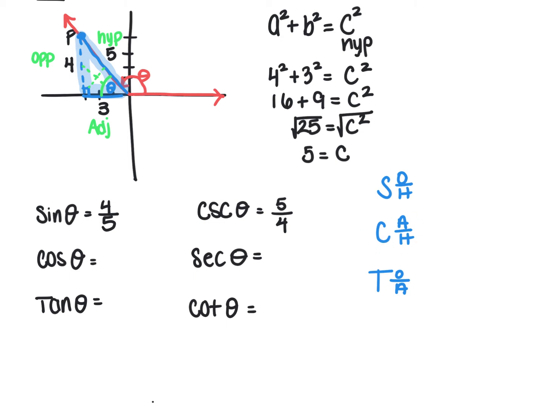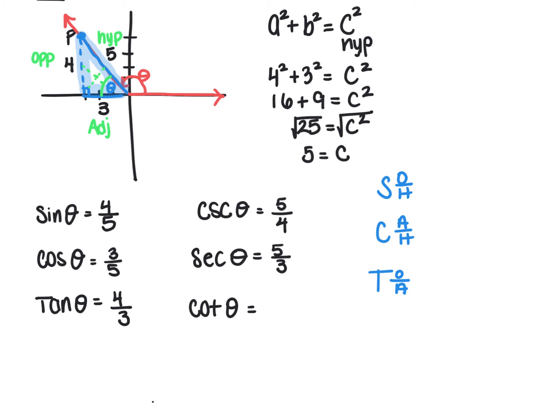Now we have cosine is adjacent over hypotenuse. So my adjacent side is 3 and my hypotenuse side is 5. So I can go ahead and put in 3 over 5. We know secant is the reciprocal of that, so just flip that fraction, 5 over 3. And then tangent is opposite over adjacent, so opposite is 4 and adjacent is 3.